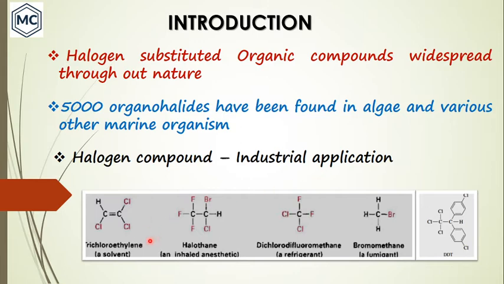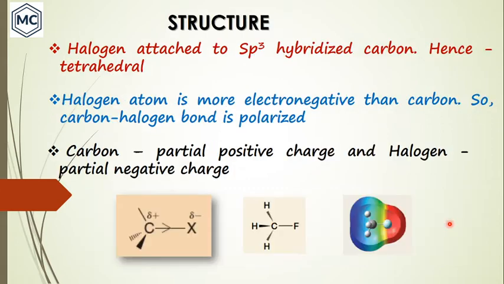For example, trichloroethylene can be used as a solvent in industries, halothane can be used as an inhaled anesthetic, dichlorodifluoroethane is used as a refrigerant, and bromomethane as a fumigant. And there is a halogen-based pesticide, that is DDT. There are many industrially useful alkyl halides.